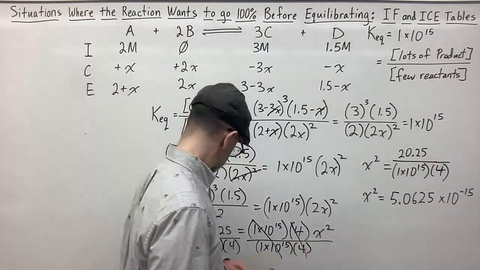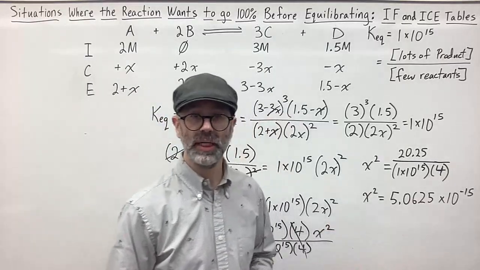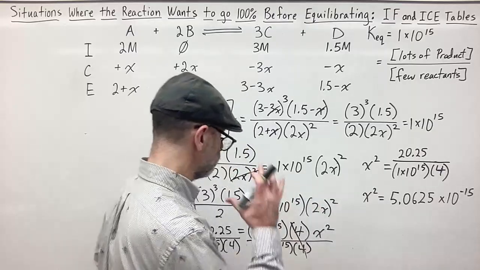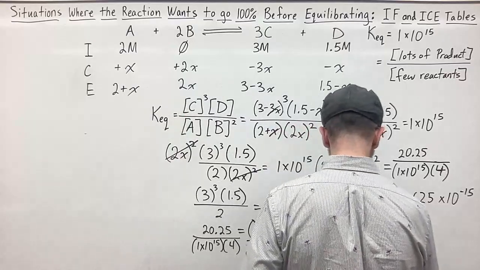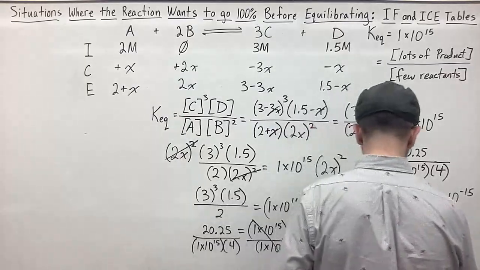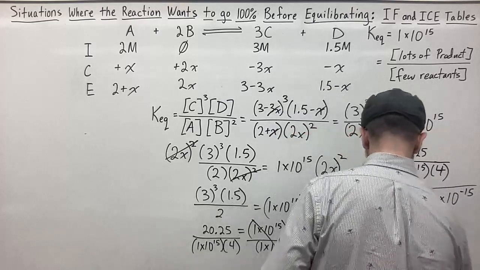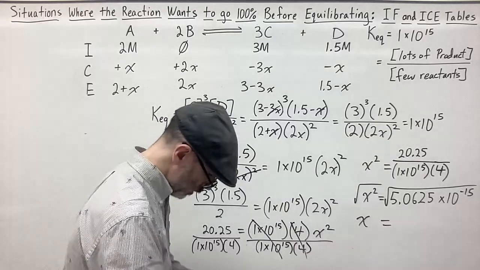Let me check, yes. And now all I have to do is take the square root. So I'm now going to take the square root, and then I get x is equal to, let me take the square root now.